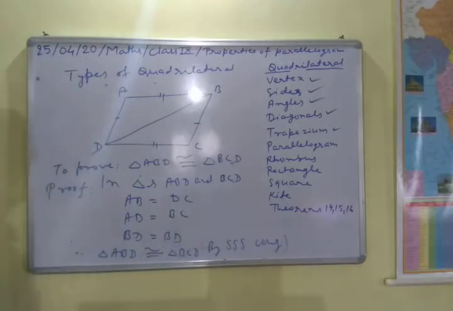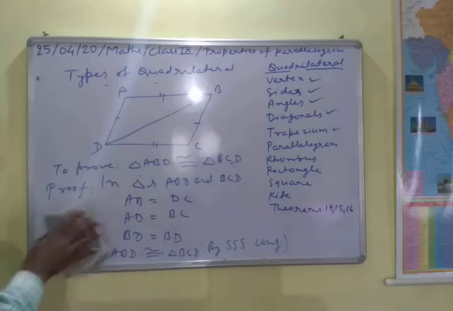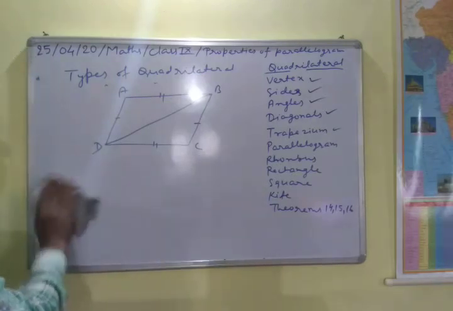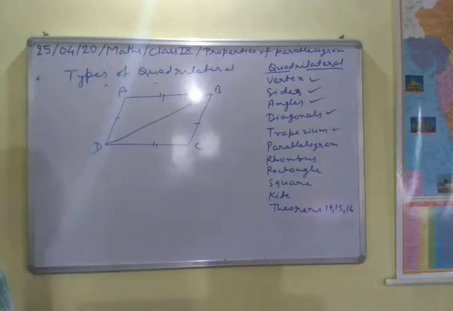So by these three conditions, these two triangles become congruent. So this is theorem 14. Okay, so this is the theorem, and we can also prove that the opposite sides are equal and opposite angles are also equal. We can prove this also.